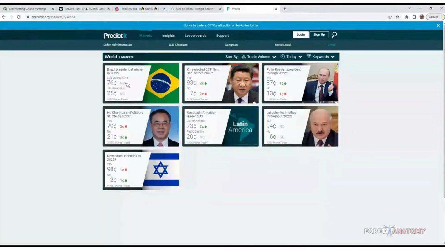Right now, the market is expecting Luiz Lula da Silva to win. But if you feel that Bolsonaro is going to win, then you place your bid for Bolsonaro and see what happens.